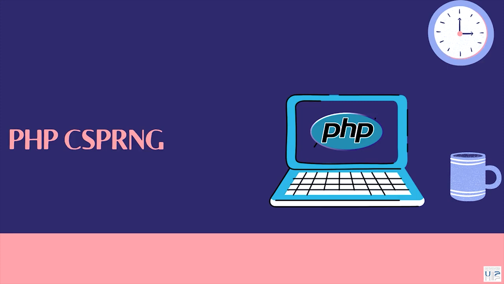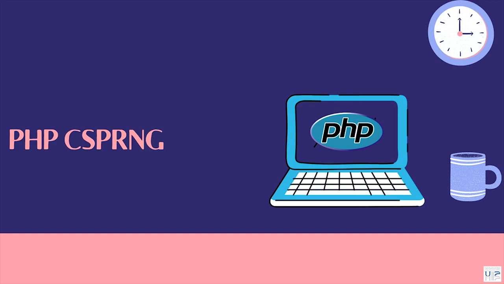In this video, let us have a look at another new PHP 7 feature called CSPRNG. What is this CSPRNG? It stands for cryptographically secure pseudo random number generator.